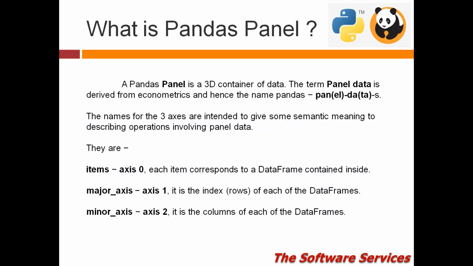You need to visualize that. Then axis 1 represents the major axis, and it represents the rows of each data frame. So items represent the data frames inside the panel, and axis 1 represents the index, index means row labels of each data frame that exists inside the panel. And the minor axis, that is axis 2, represents the columns of each data frame inside the panel, friends.